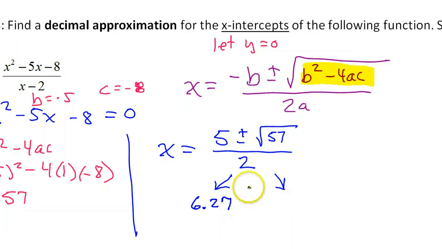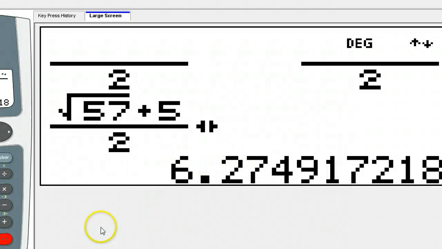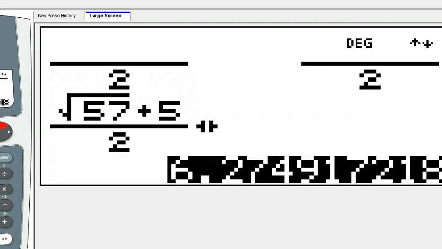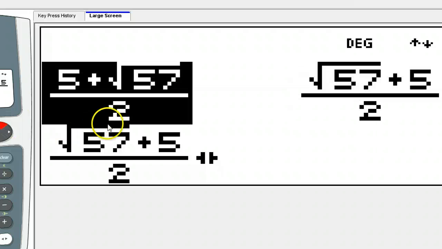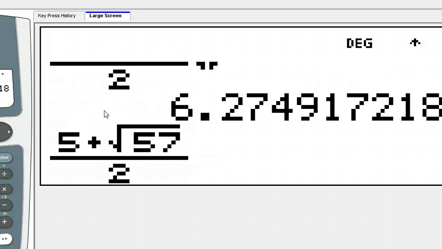Now I'm going to type it in again with a negative instead of a positive. I don't really have to type the whole thing in again. If I want to take it easy on myself, I can go back to the first time I typed it in and just hit enter.